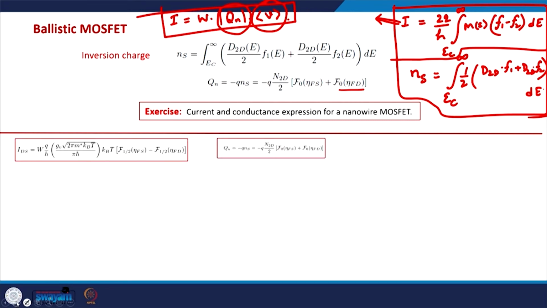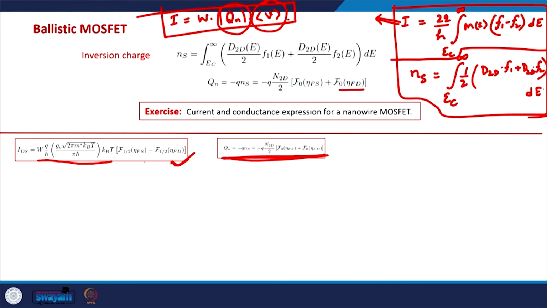We have this general expression of the current. It has a constant factor times Fermi-Dirac integrals of order half, and this is the expression for the charge.